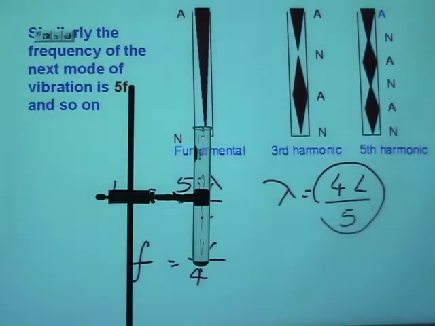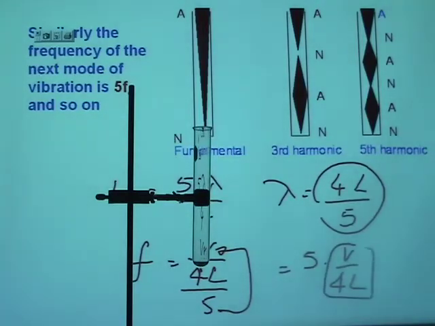V divided by 4L over 5. And this 5 will go up. I can write it as 5 times V over 4L. But V over 4L is the fundamental frequency. So that will be 5F0.